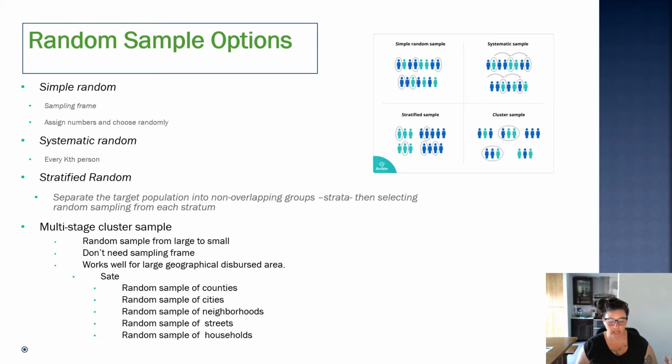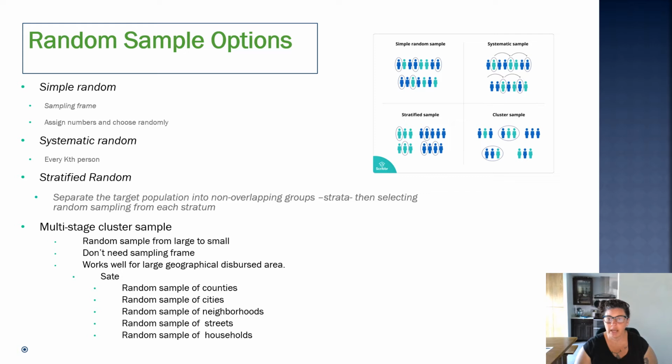Maybe you have one county and several schools in the county, so you would pick schools within those counties randomly, and then you pick the education level, so you maybe pick your freshmen and juniors randomly from those schools, and then you pick classes from those particular groups, and you could continue to do that as well, right? So, multi-stage cluster sampling.